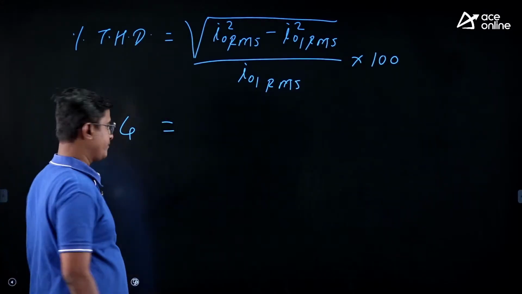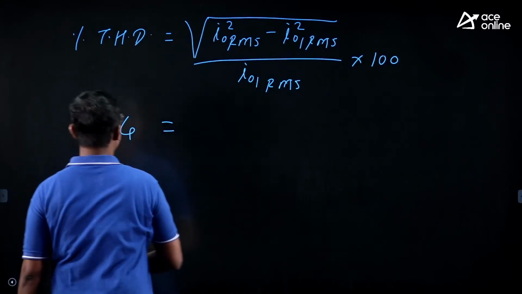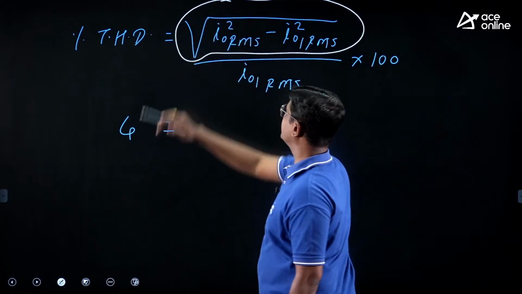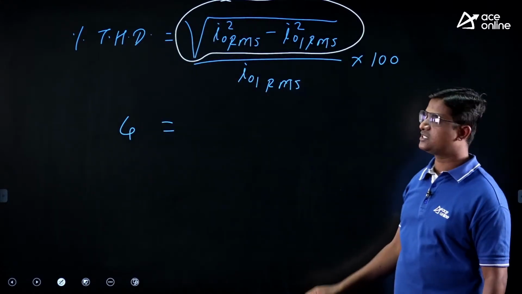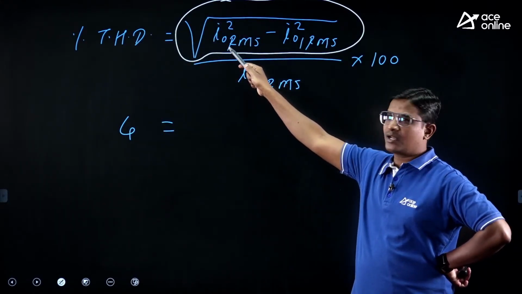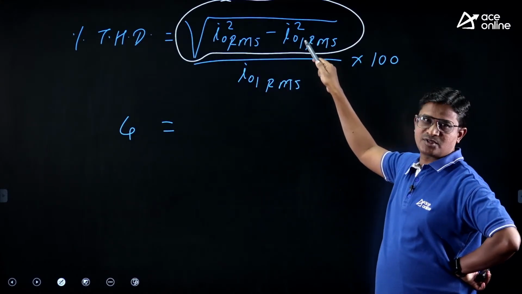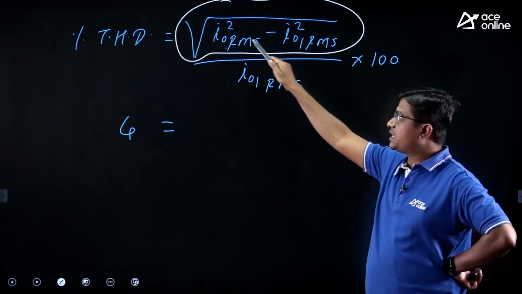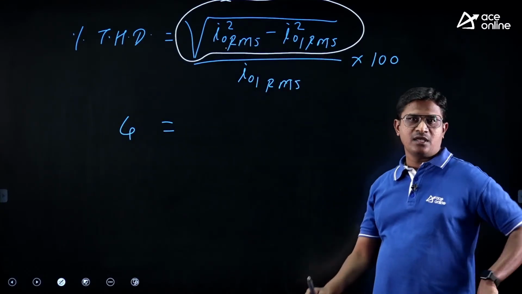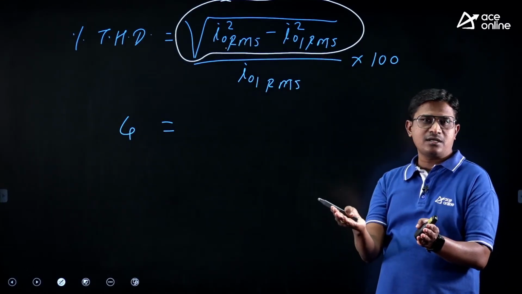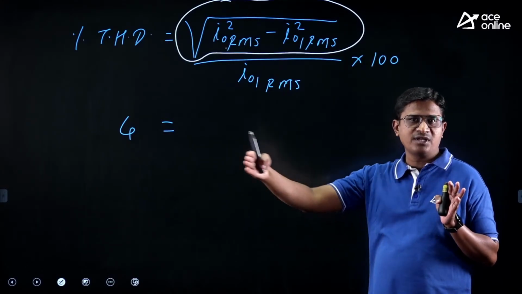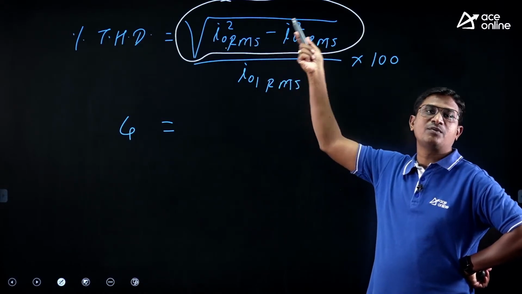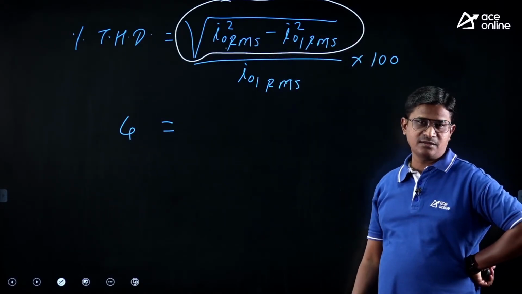First, what does this numerator term indicate? Under root I0 RMS square minus I01 RMS square means from total load current I am subtracting the fundamental component. Whatever the remaining term is, that is nothing but the harmonic current.